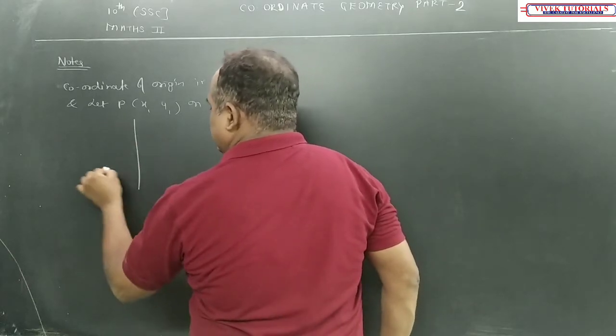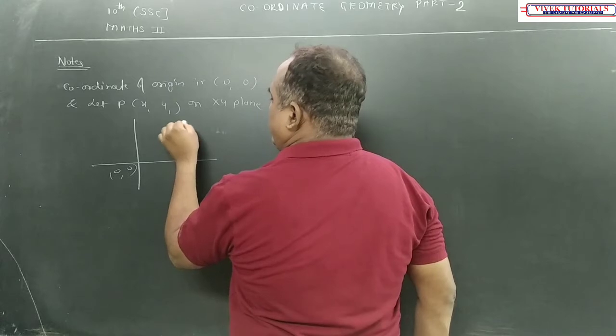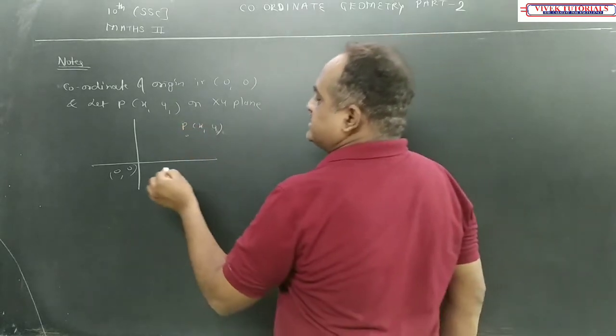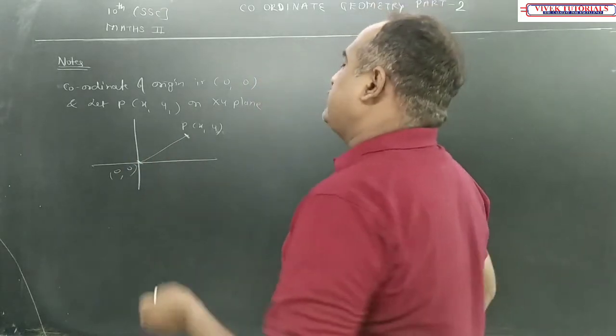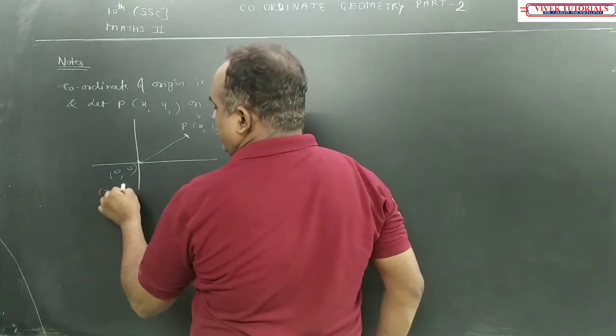See here, this is 0, 0, and P is x, y. If they ask the distance between OP, suppose it is x1, y1, and this is x2, y2.